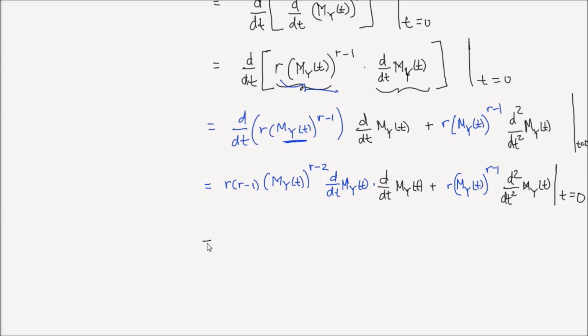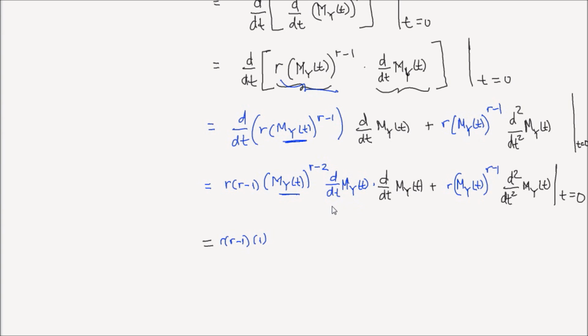And that gives us, let's go ahead and substitute 0 for t. So that gives me r times r minus 1 multiplied by M_Y(0). Any moment generating function evaluated at 0 is going to give you a value equal to 1. So that's going to be 1 to the power of r minus 2, which is still going to be equal to 1.